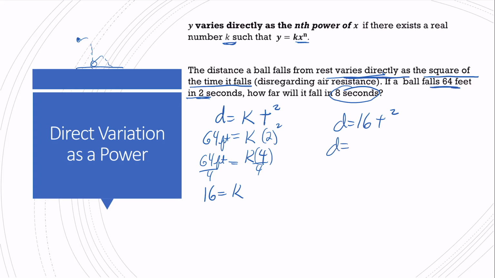So distance equals 16 times 8 seconds, because I'm trying to find how far it falls in 8 seconds squared. Distance is 16 times 64. My distance is 1,024 feet. That's how far this ball would fall in 8 seconds.